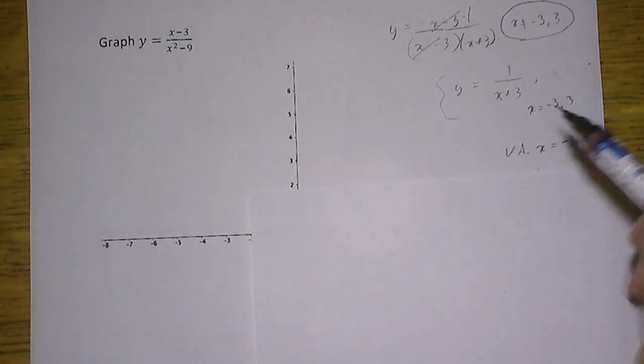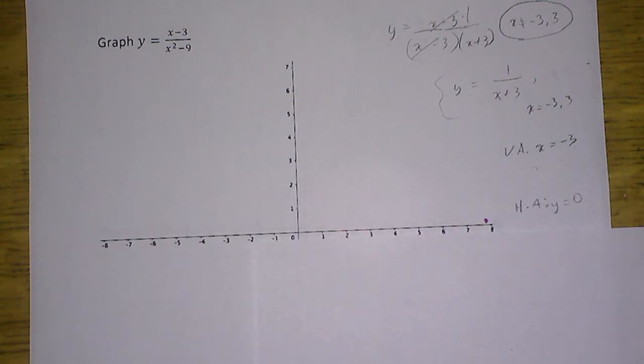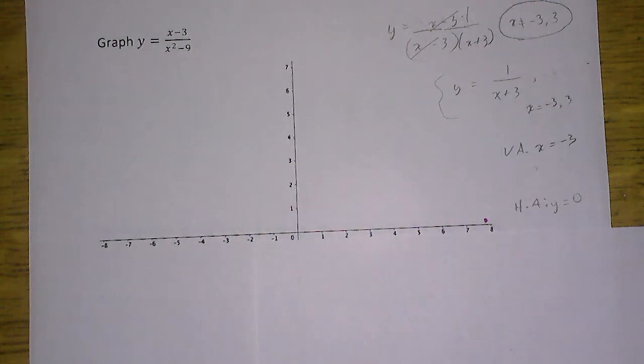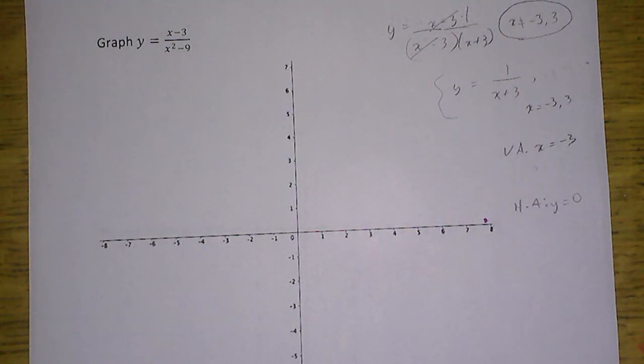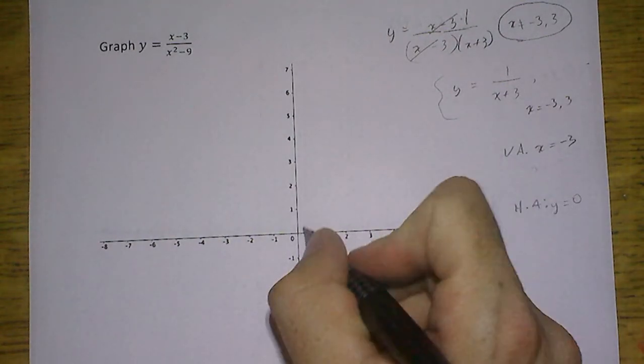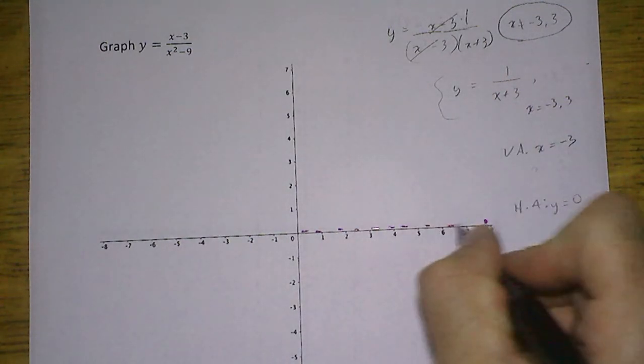So I'm quickly going to graph that. And now comparing the degree of the numerator and the denominator, the degree of the numerator is less than the degree of the denominator. Therefore, I know that I have an asymptote at y is equal to 0. So I'm just going to quickly sketch those. Quick.